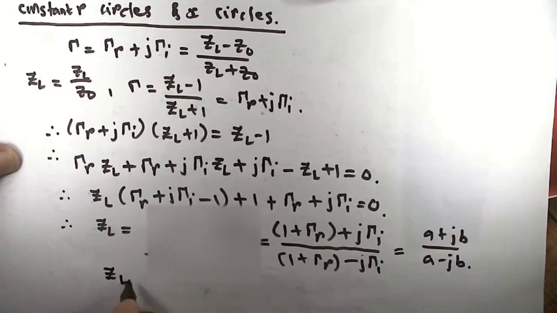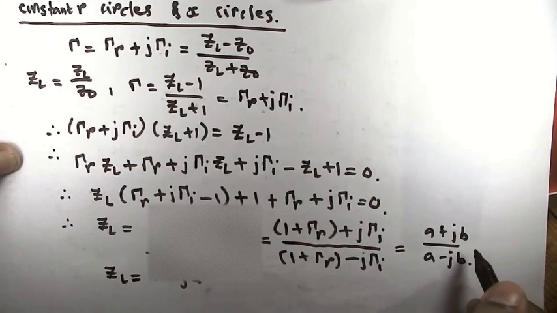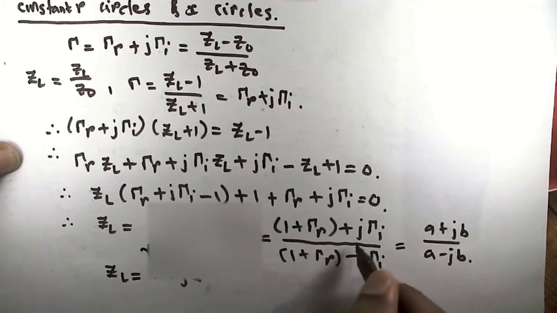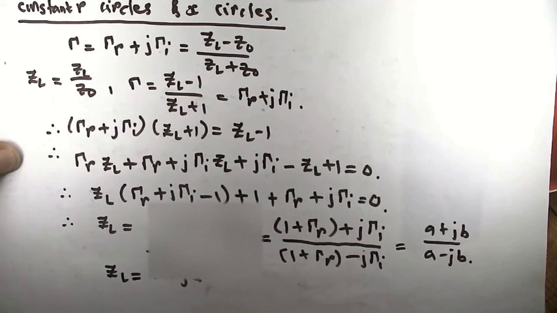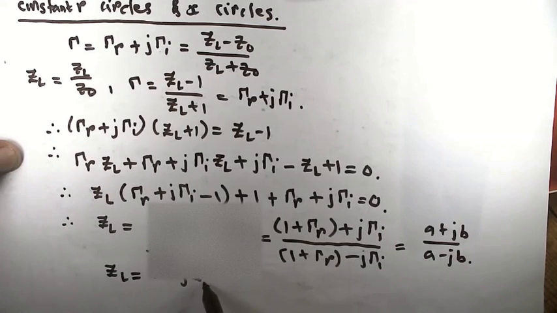So I can write the normalized ZL as r plus jx, where r is the real part of the normalized load impedance, and x is the imaginary part of the normalized load impedance. So somehow we have to simplify this expression in such a way that we get the real part and the imaginary part of this normalized load impedance.